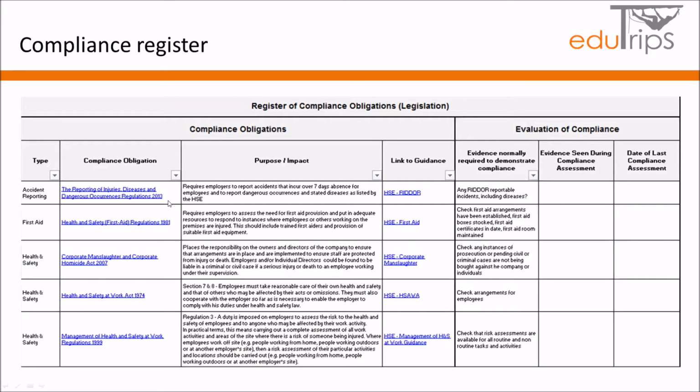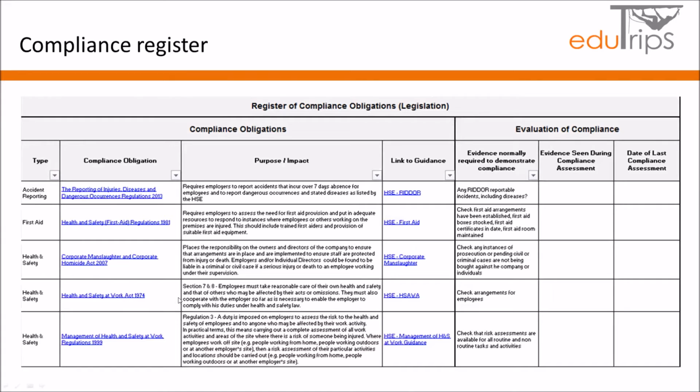So it's useful to share this with teachers, headmasters, headmistresses, deputies, bursars, governors, so that they are aware of the legal requirements. This is summarised by type, a link to the actual compliance obligation, and any supporting guidance, which is here. A very brief summary on the purpose and impact.